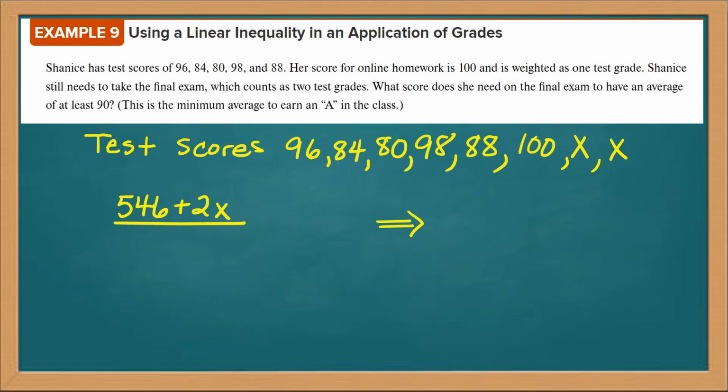And that's 546 plus 2x divided by 8 scores in all. So that is the average. That's the average she will get in the class. So the question is, when is that number greater than or equal to 90? She wants her average to be at least 90.